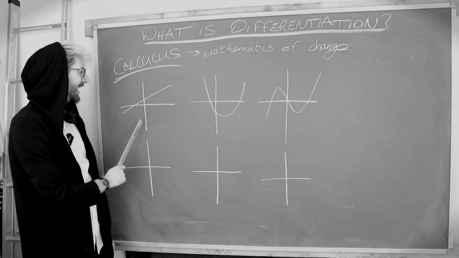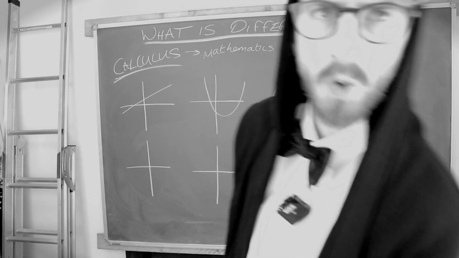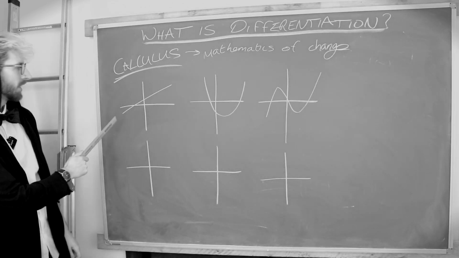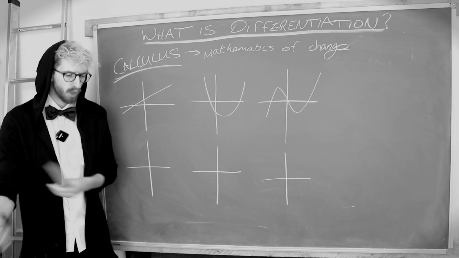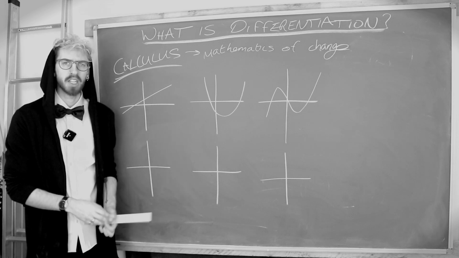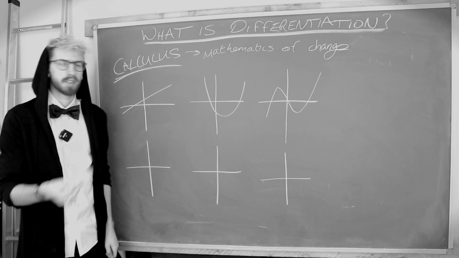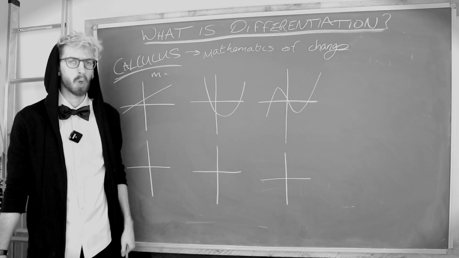What we have here is a linear graph. I hope you can see that yellow. Oh, yes you can. Right. This is a straight line. If we were to say, right, what's the gradient of this? Okay, gradient is, well, let's say m. Back from our old little simple coordinate geometry.